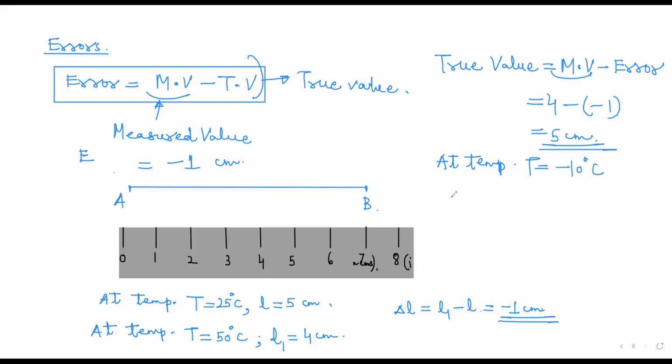Let us assume that. Length L becomes what? The measured length now, L2, is what? 7 centimeters. Right? This is the measured value now.